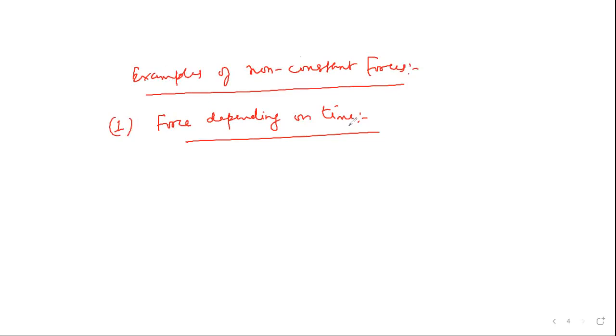When we analyze the braking of an automobile, normally we assume acceleration to be constant. But in practice, the acceleration in case of braking is not constant.